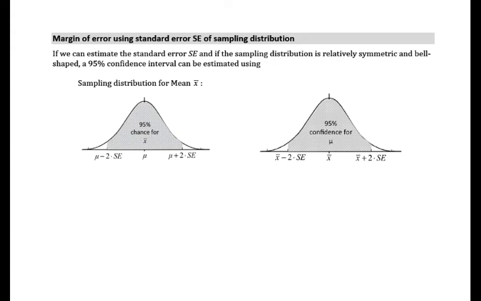So looking back at this image just for a moment from the previous page, we can see that x bar minus 2 times the standard error was our lower bound for this confidence interval. And that x bar plus 2 times the standard error was our upper bound for this confidence interval.